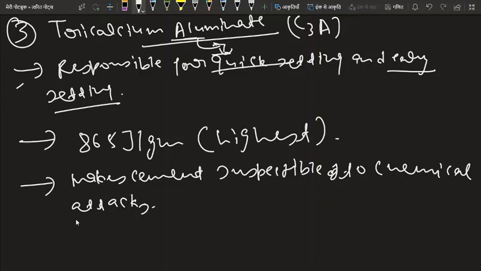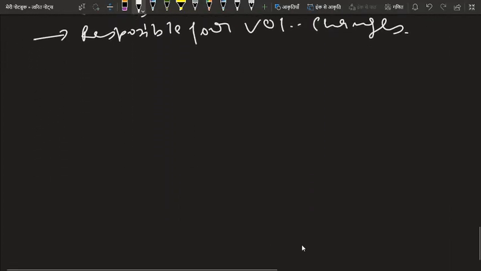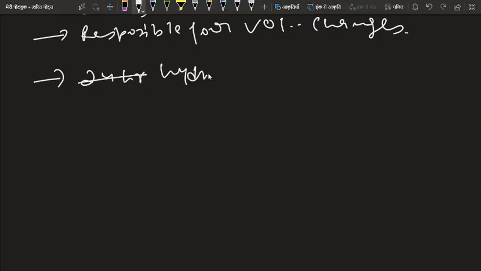Of course, it is responsible for volume changes, and it takes 24 hours. It is hydrated within 24 hours of addition of water.